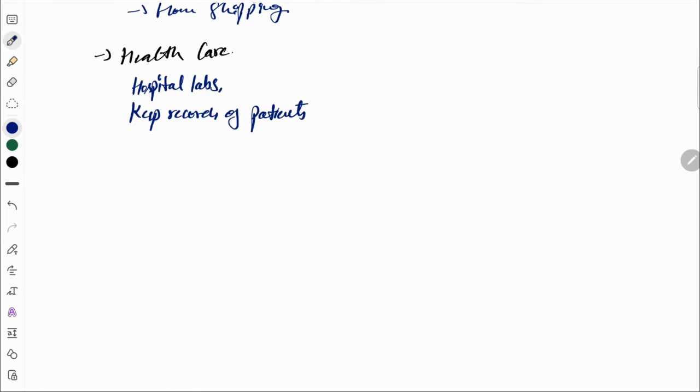It is also used in scanning and diagnosing different diseases.